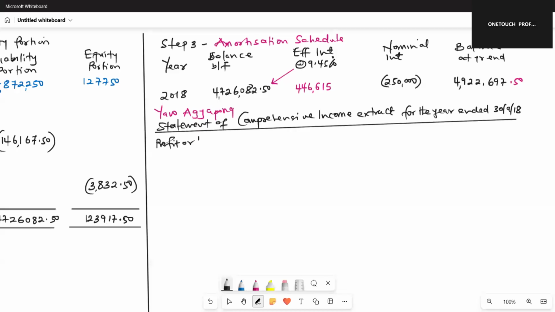In profit or loss, we recognize finance cost. That's how much? 446,615.